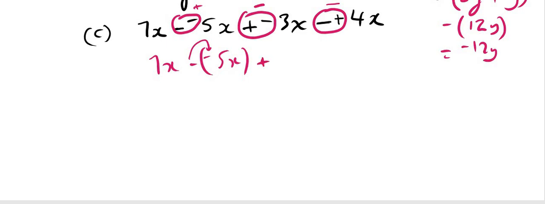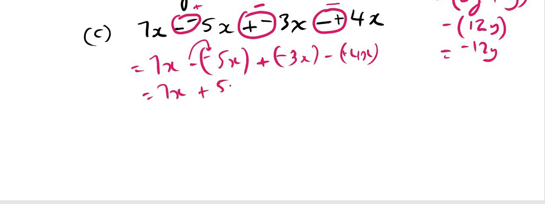And you can write the plus negative 3x using brackets there. So we can rewrite it like this: 7x plus 5x minus 3x minus 4x.